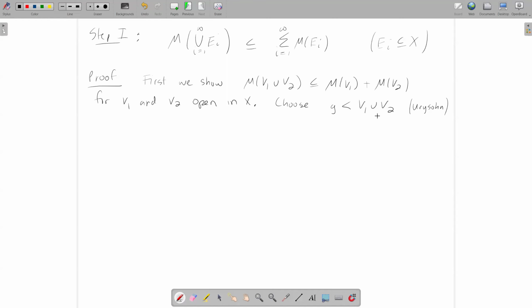So we choose a G. This means that G has compact support and it's between 0 and 1, and the support is contained in this union.